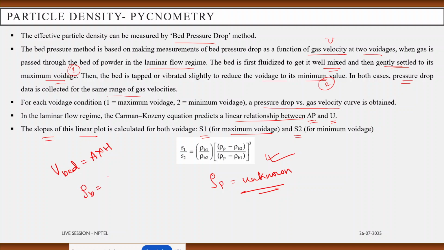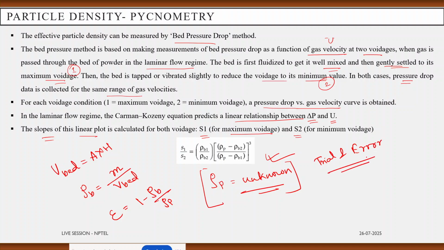Bulk density will be mass by bed volume, and also there is an equation that voidage is calculated as 1 minus rho b by rho p. So from this we will easily get the voidage value. So the only unknown will be rho p. By trial and error we will get to know the rho p value, or the density of the particle.